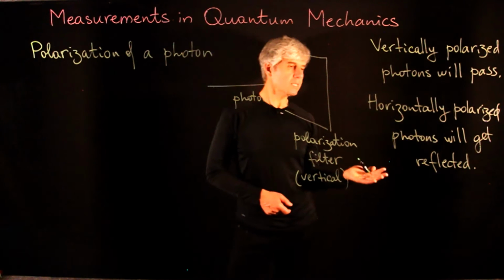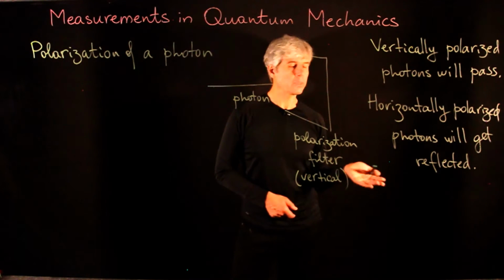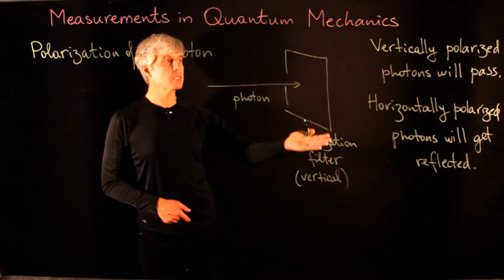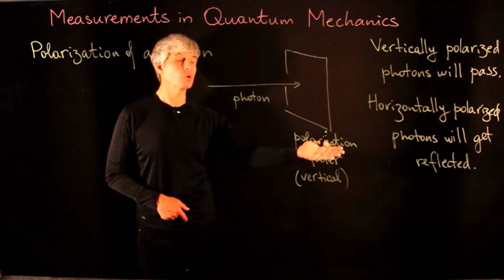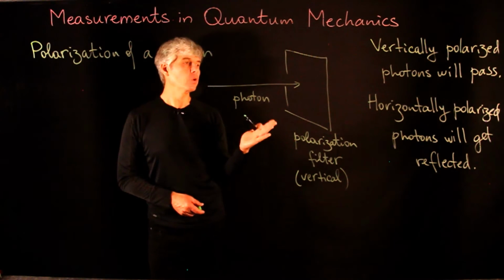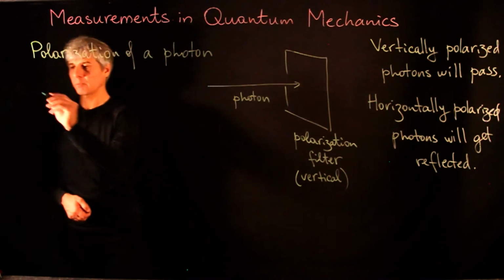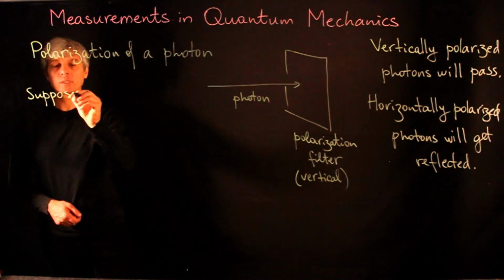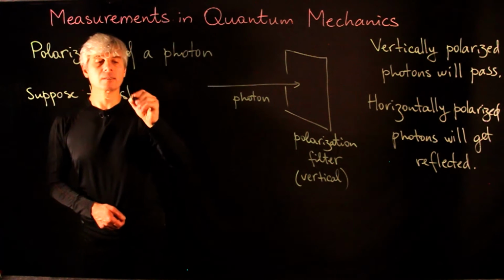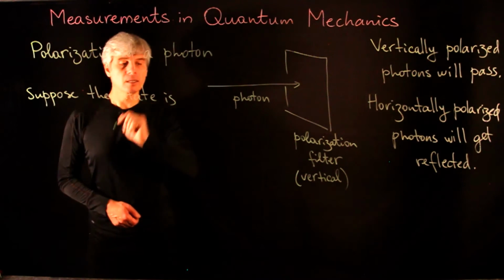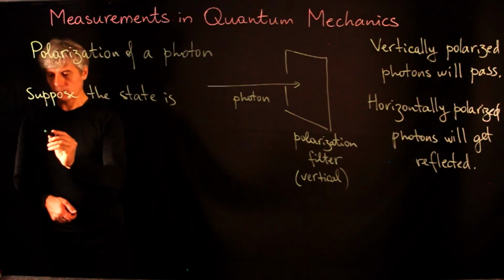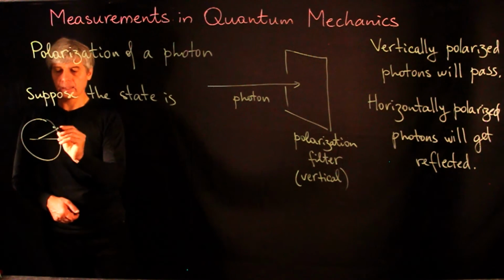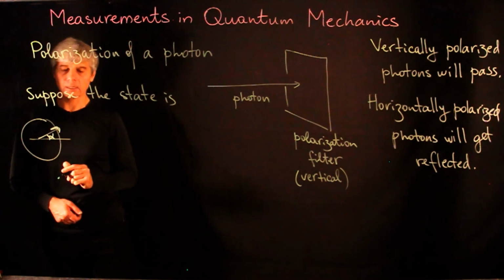But last time we discussed polarization states of a photon, and we saw that the states are not necessarily vertical or horizontal. So we could also have non-basic states. So suppose our photon is polarized at an angle alpha here, right?